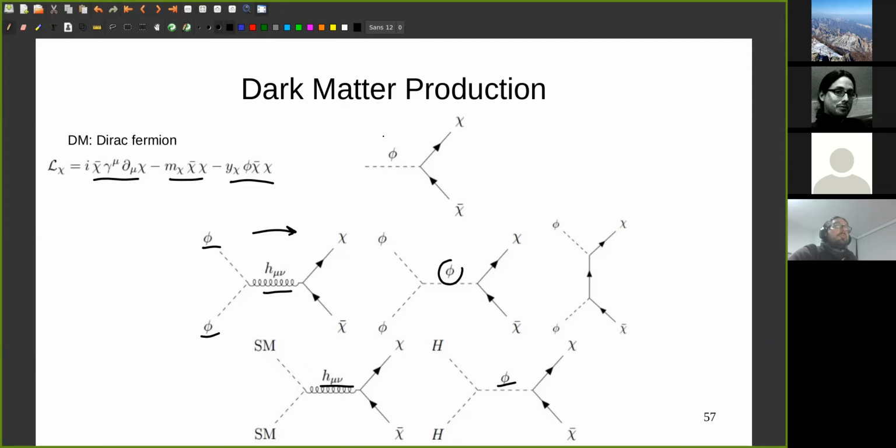So the dark matter production in this scenario is very rich, because we have a lot of alternatives, different production channels. So let's go one by one.